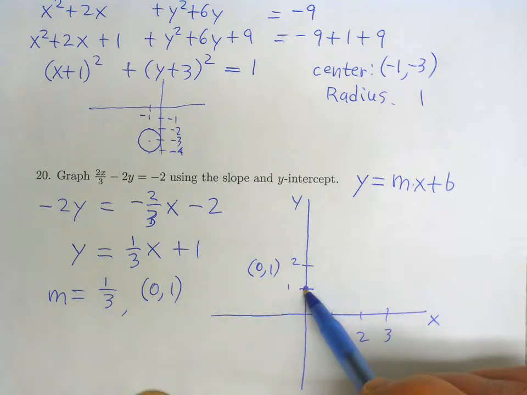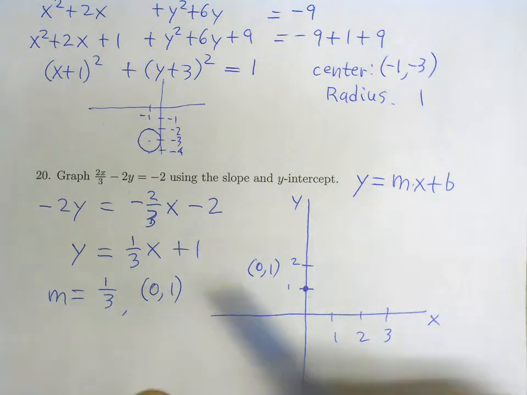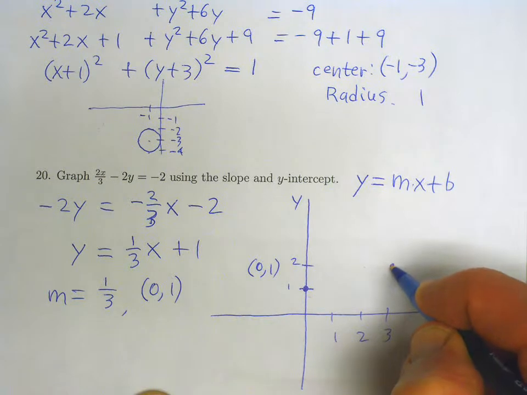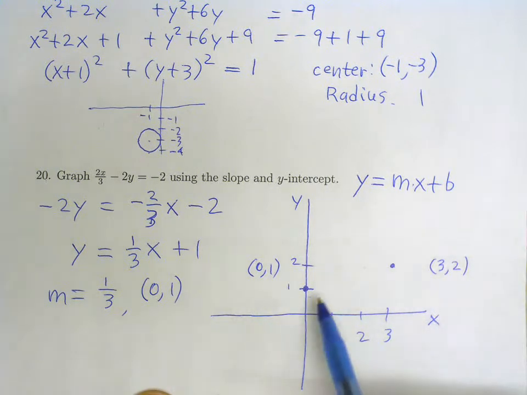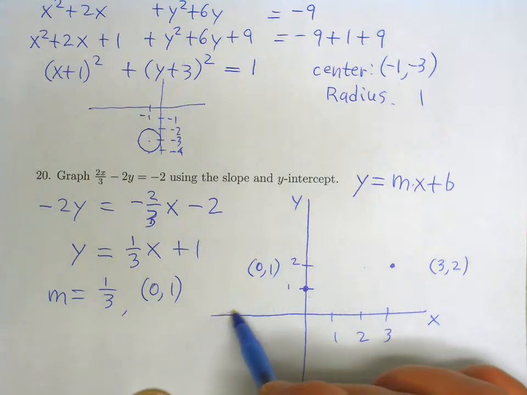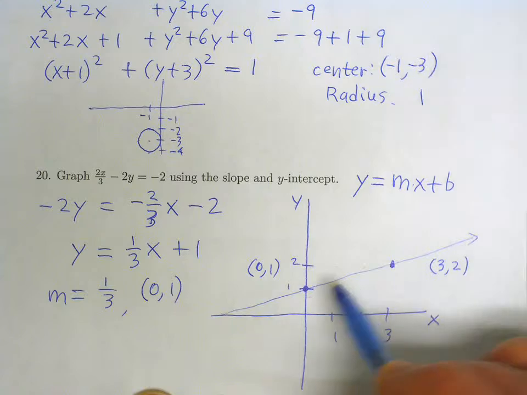That means move vertically up 1 unit, and run positive 3, which means move to the right 3 units. So we find a second point on the graph, which is the ordered pair 3, 2. And in order to graph a straight line, all I need are 2 points. So I can draw a straight line through those 2 points.